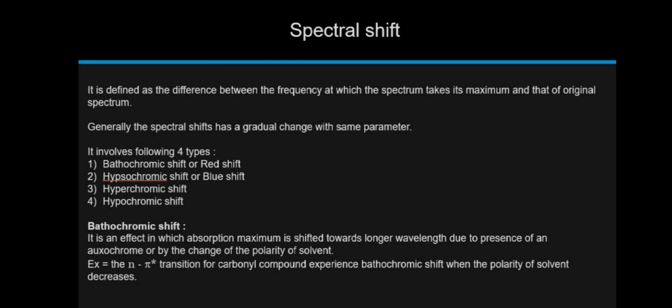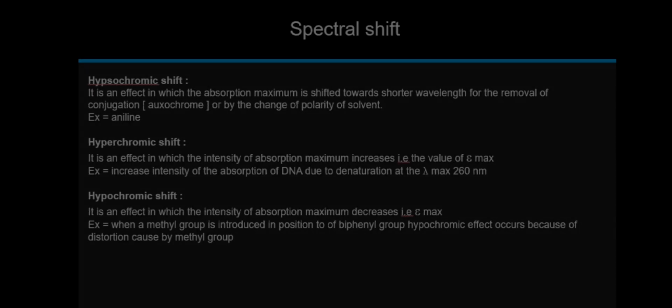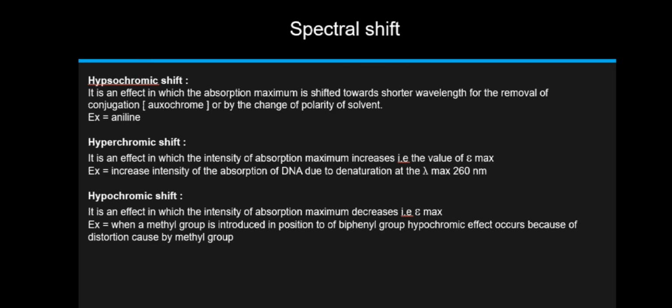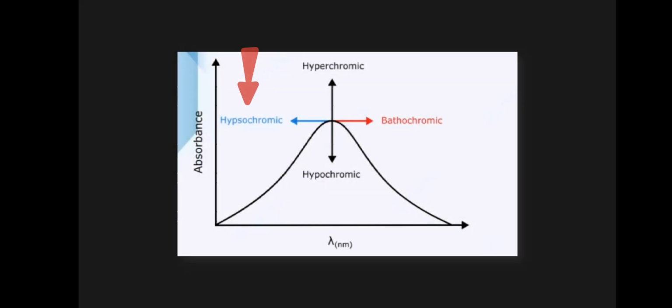For example, the n to pi star transition for a carbonyl compound experiences bathochromic shift when the polarity of solvent decreases. Second, hypsochromic shift. It is an effect in which the absorption maximum is shifted towards shorter wavelength due to removal of conjugation or by the change of polarity of solvent. In hypsochromic shift, the graphical view shows that the maxima is shifted towards the left side, that is shorter wavelength.